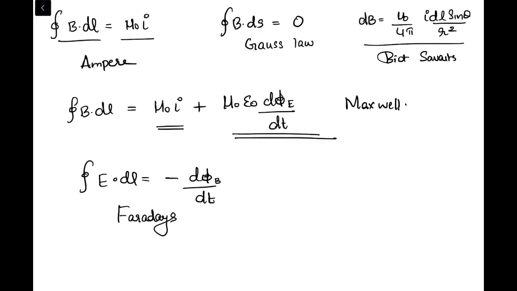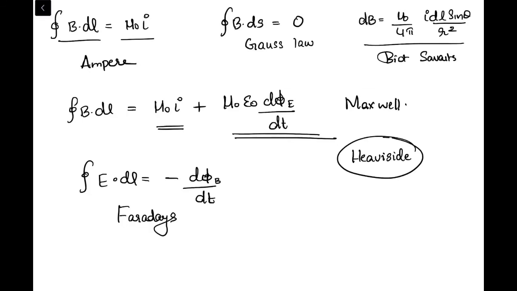Then comes Maxwell. Even though we all say Maxwell's equations, a person we should never forget is Heaviside. The reason is that Heaviside is the person who actually brought all these equations together.